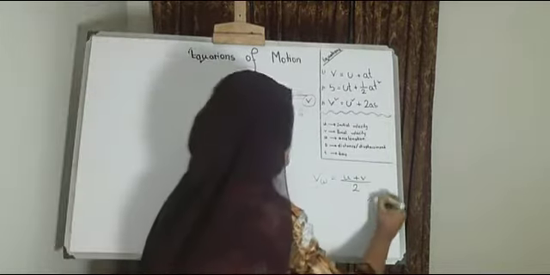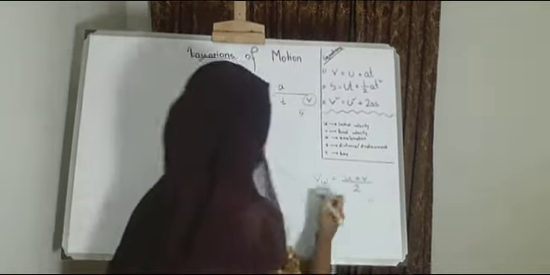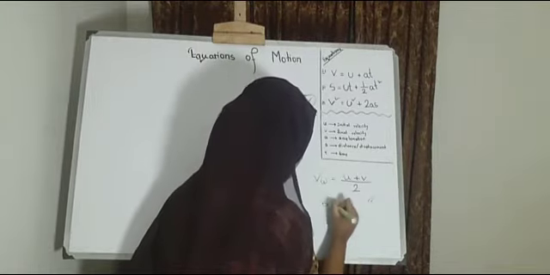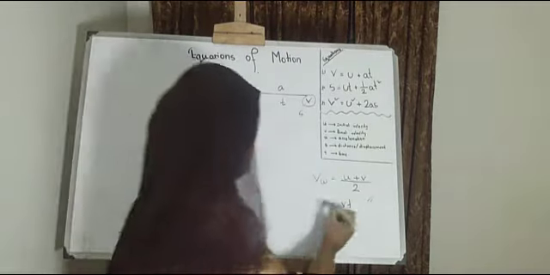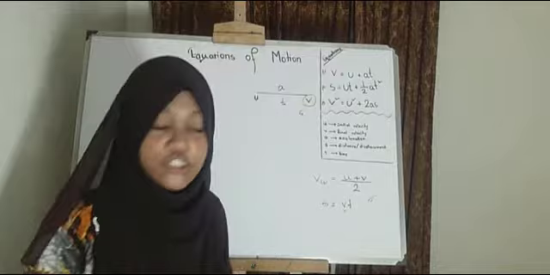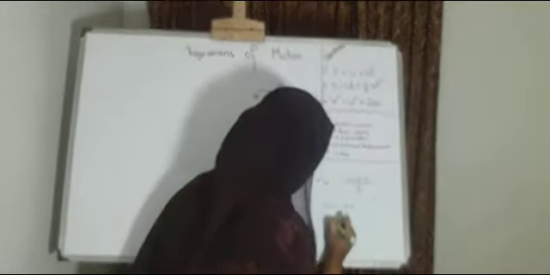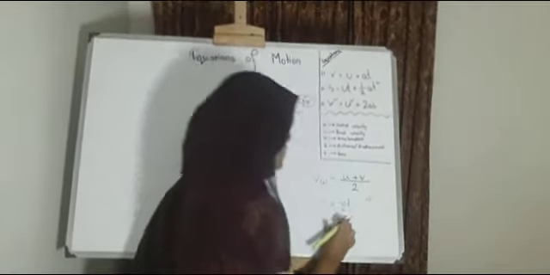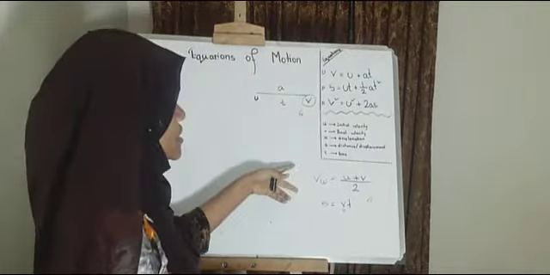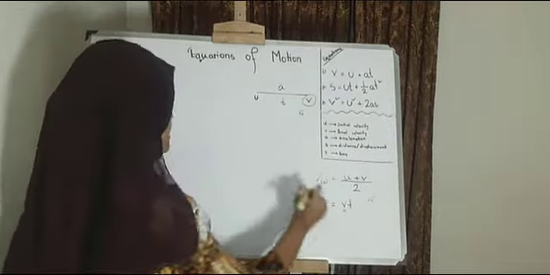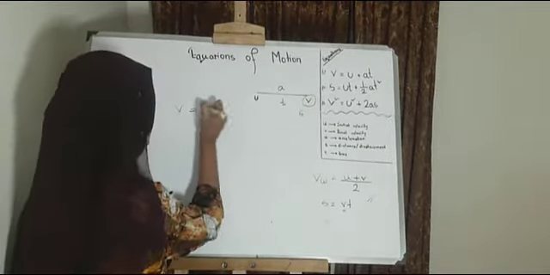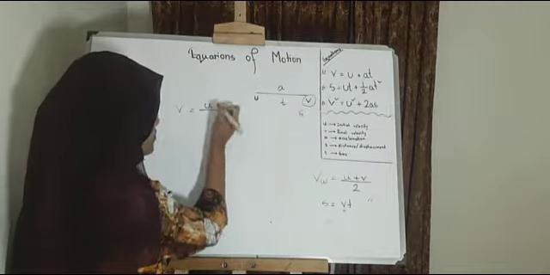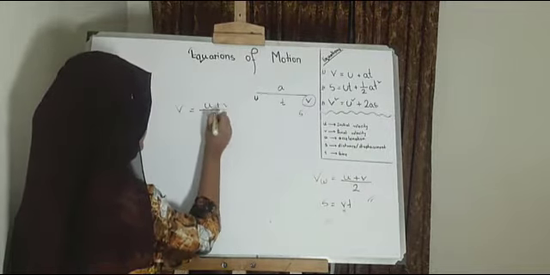By using this and another one, we know that for distance we have s equals to vt, and this v is for uniform velocity. So using these two equations, we'll see the derivation of this equation. Okay, let's write that the average velocity is equal to (u plus v) divided by 2.